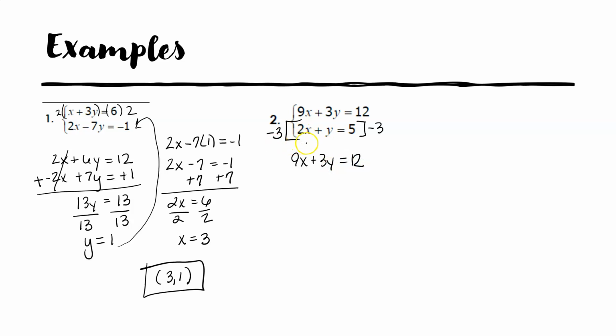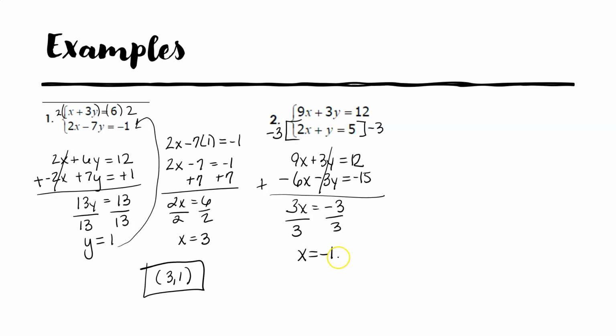When I multiply everything by -3, I get -6x minus 3y equals -15. And because this made the signs opposite, they just cancel and I can add. So 9x and -6x is 3x. 12 minus 15 is -3. We're going to divide by 3, so x is -1.